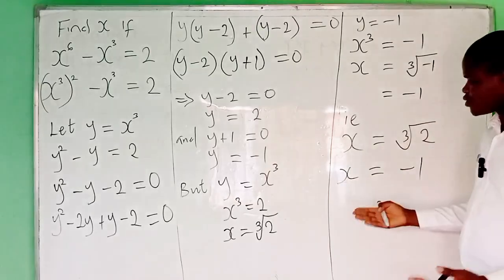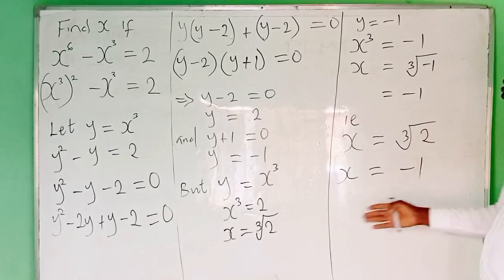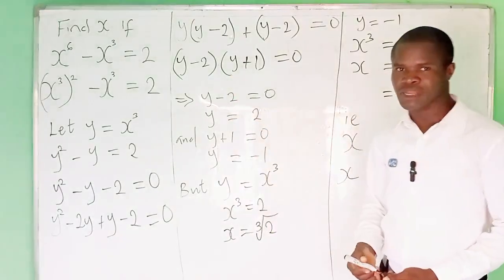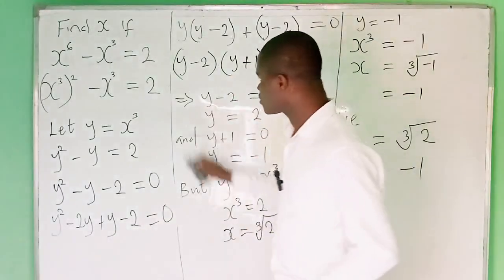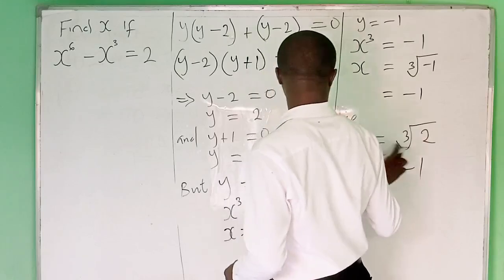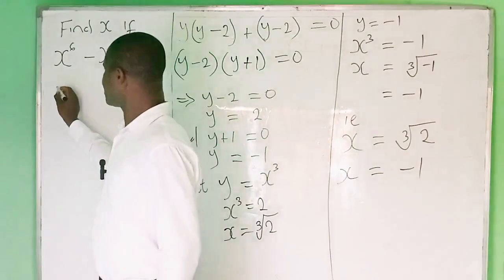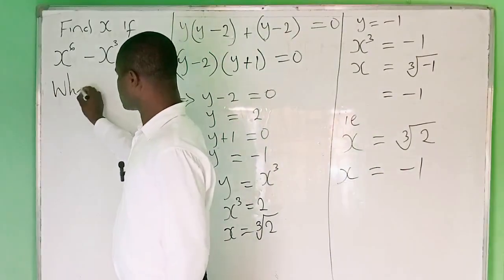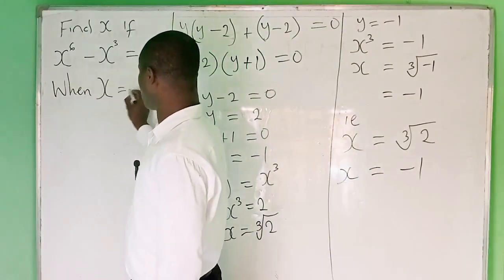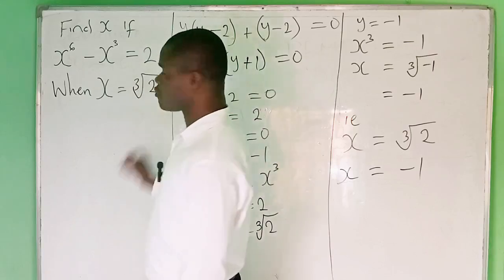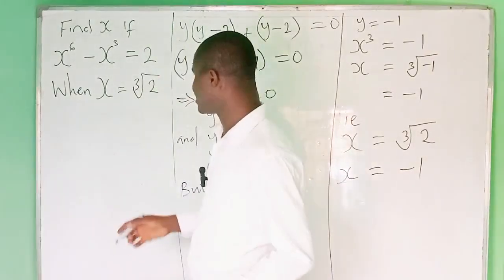We can verify to see if these two values satisfy this equation. So let's check. When x is equal to the cube root of 2, let's see what we are going to get.